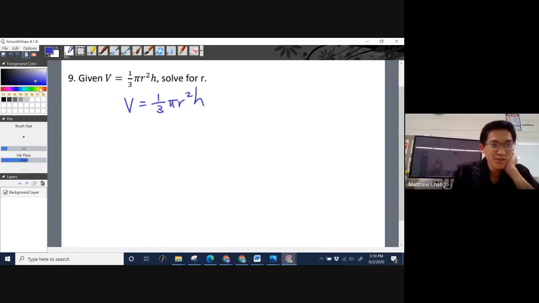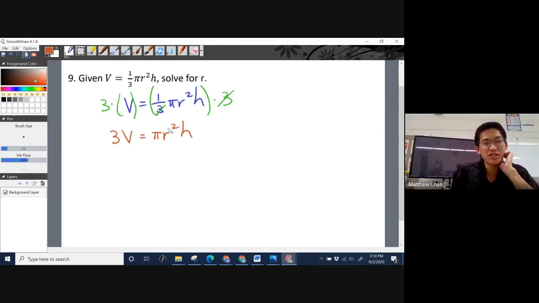I want to get rid of the 3 in the denominator first, so we multiply both sides by 3. This will cancel out, so we're left with 3 times V equals pi r squared h.